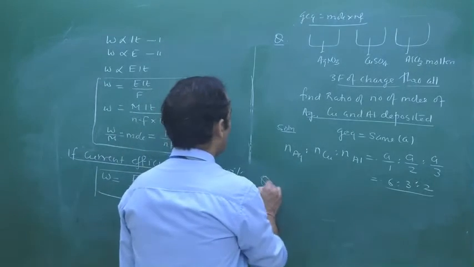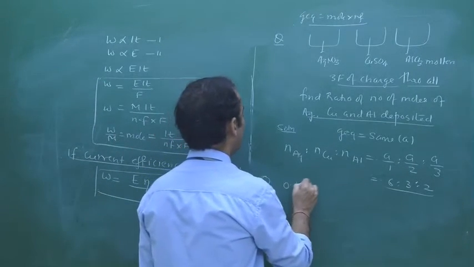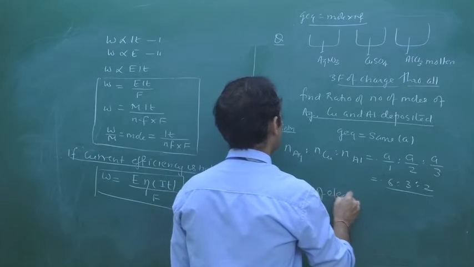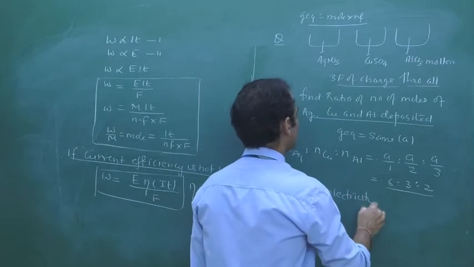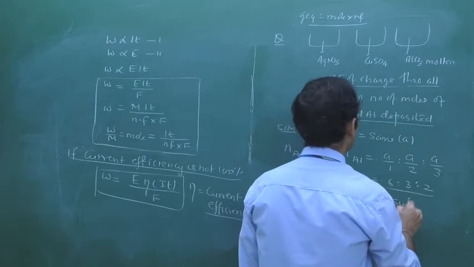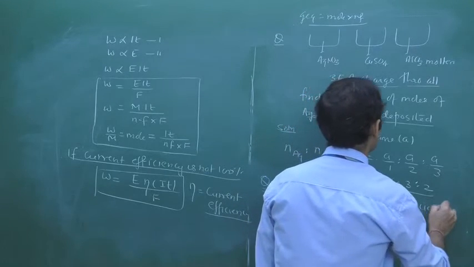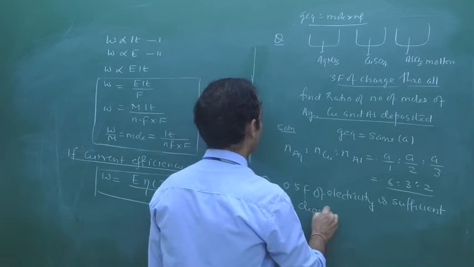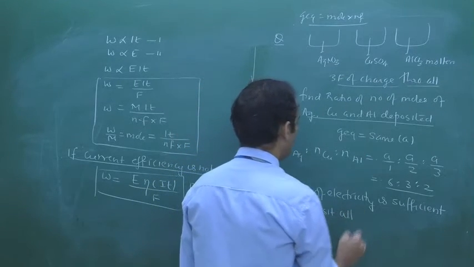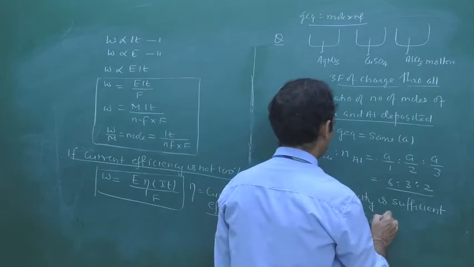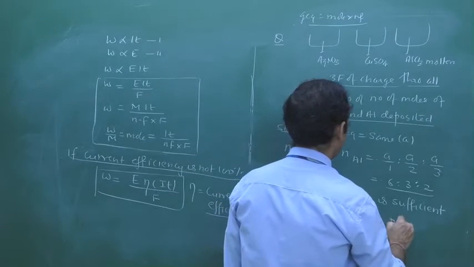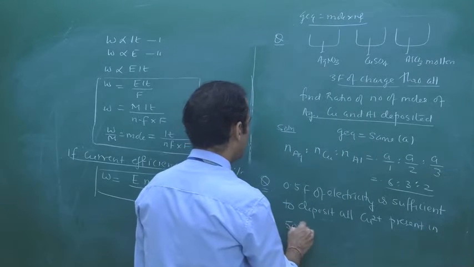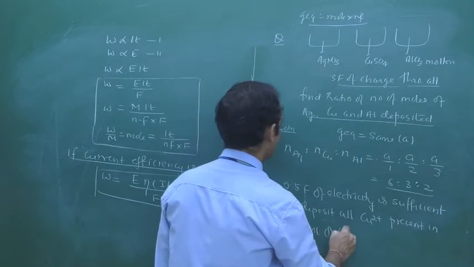Now let us come to another question. 0.5 Faraday of electricity is sufficient to deposit all Cu2 plus ion present in 500 ml of CuSO4.